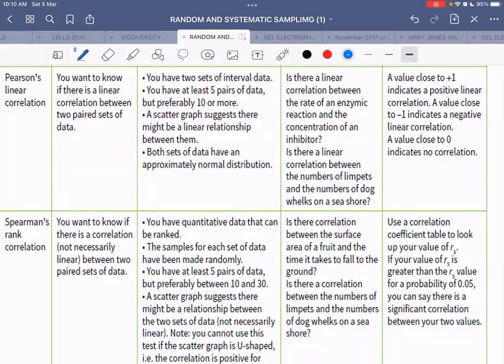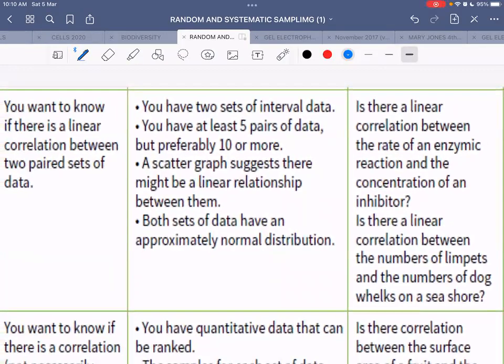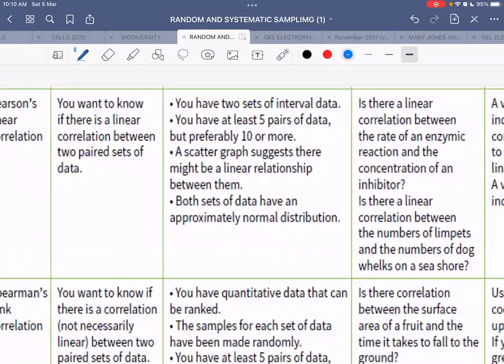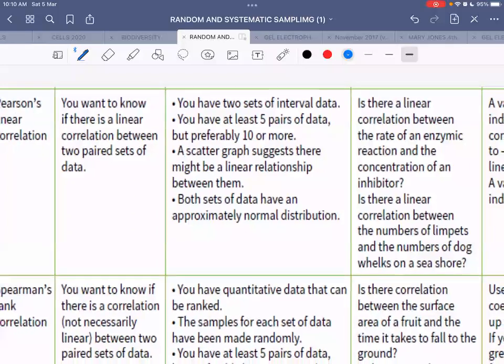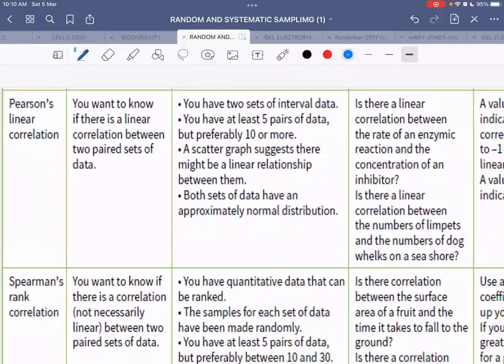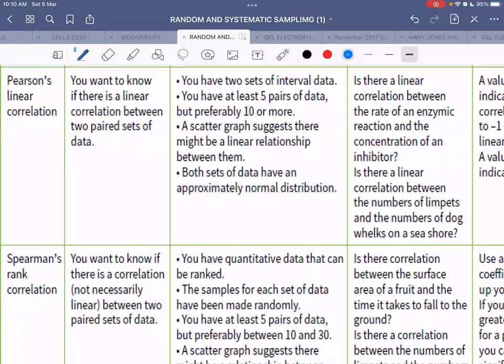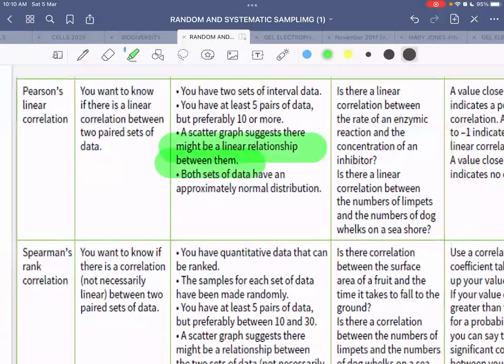So for that reason, if we have a minimum of two sets of interval data, and each set has at least 5 pairs of data, or 10 or more, and also if the scatter graph has been given to us and by just looking at it we get a suggestion that there might be, the key word is might be, a linear correlation or linear relationship between these two variables, we can then use this formula.